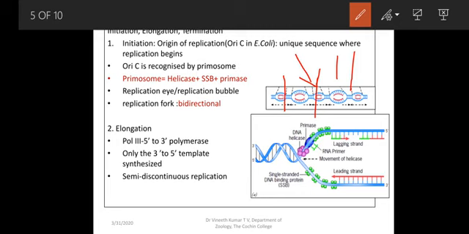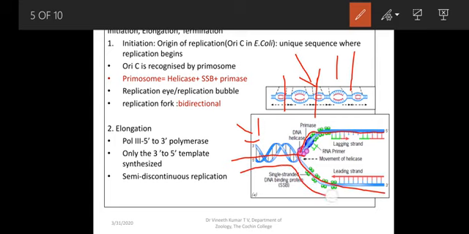An enlarged view of the replication bubble is shown here. Only half of the replication bubble is shown, and if I draw a line like this, you can see that this half of a replication bubble resembles a fork.